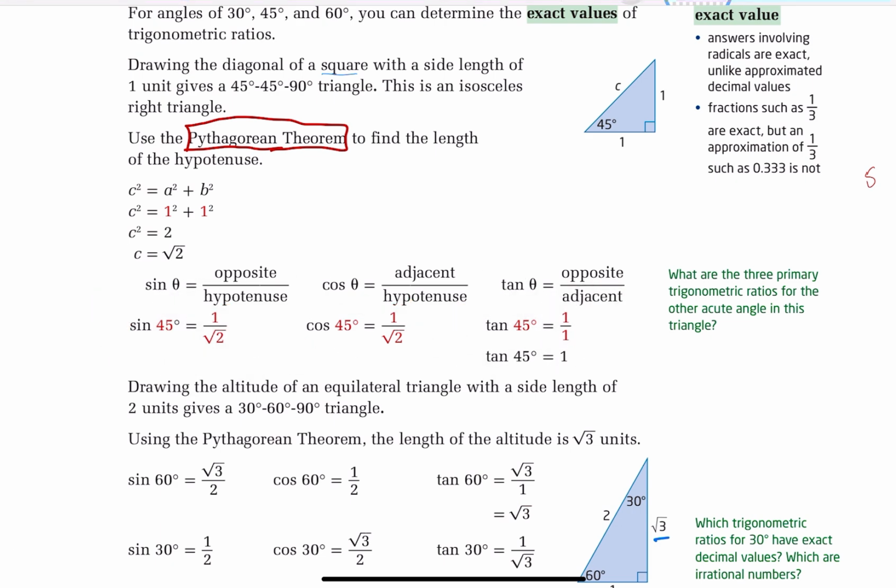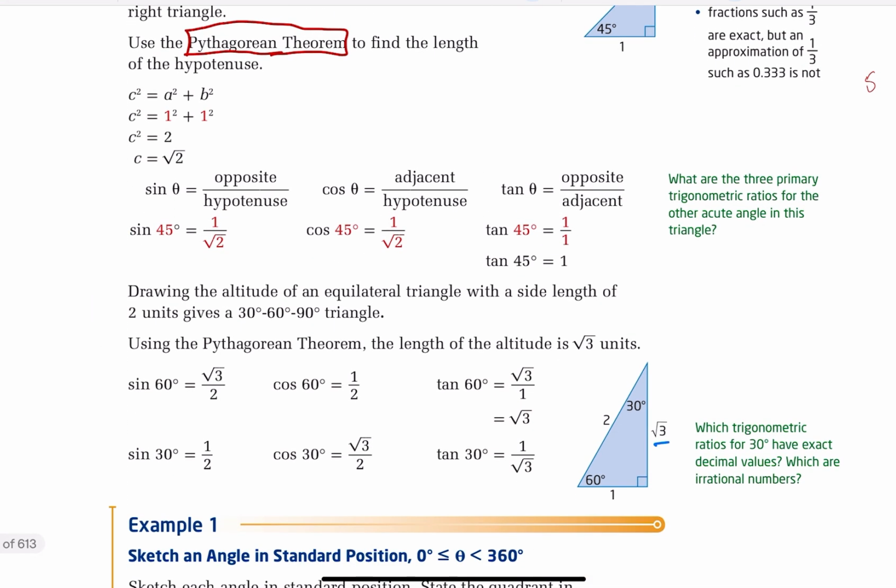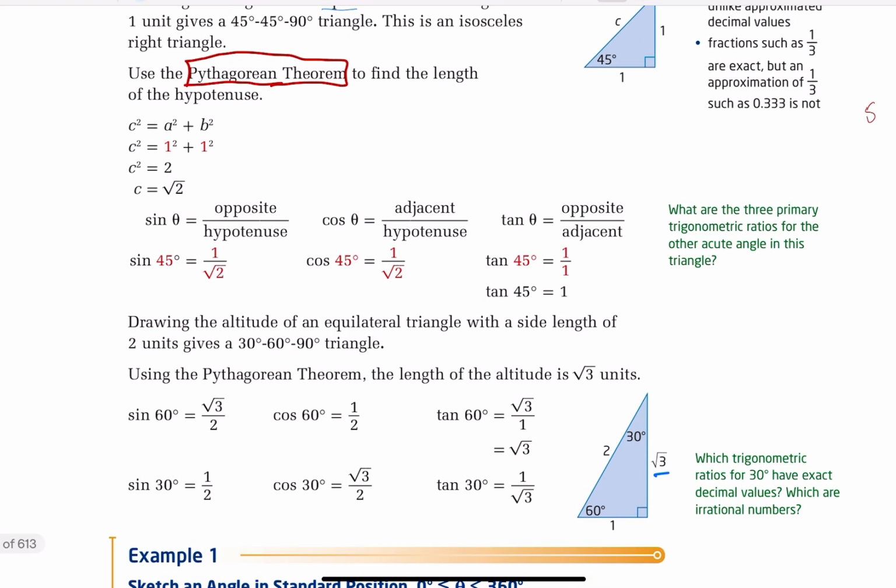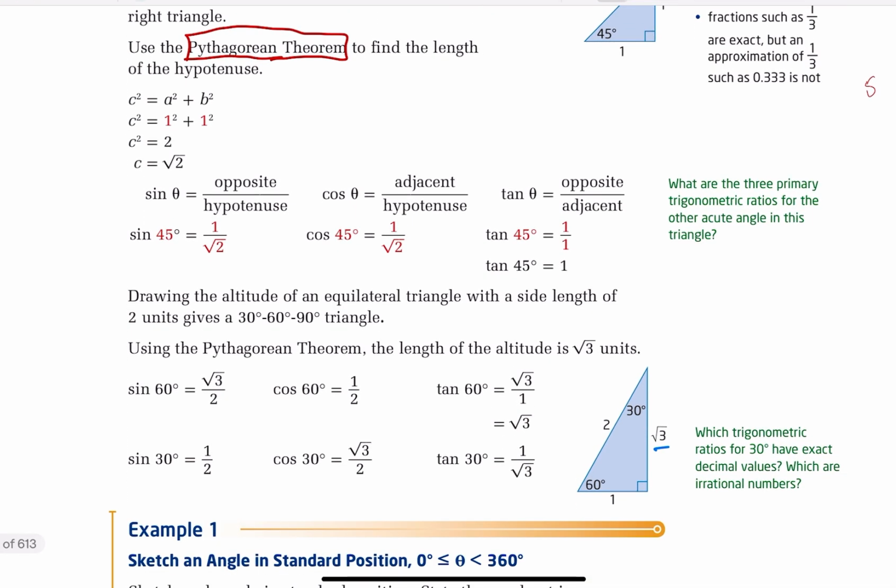Same thing here. If you use another shape, which is an equilateral triangle with a side length of 2 units, instead of c here you have a side length of 2 units, and you know your other side is 1, and you can easily find your b.